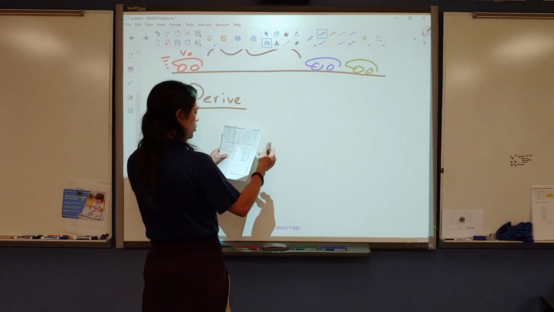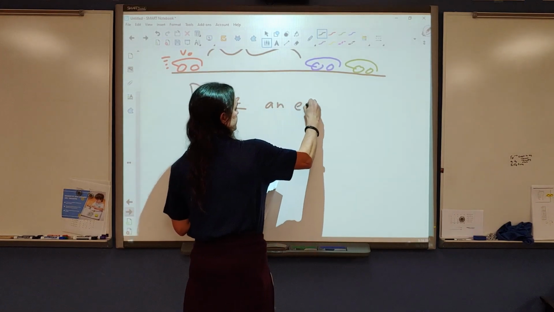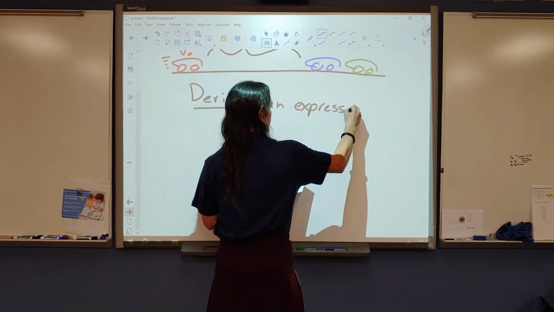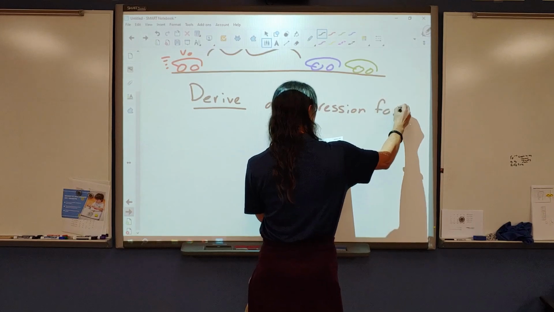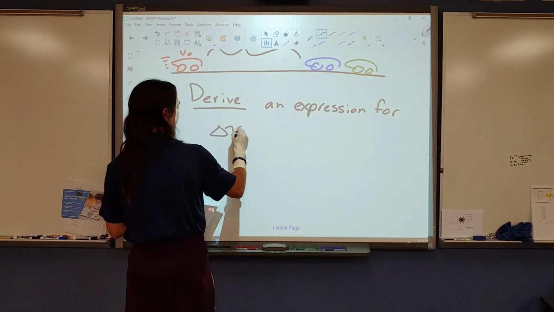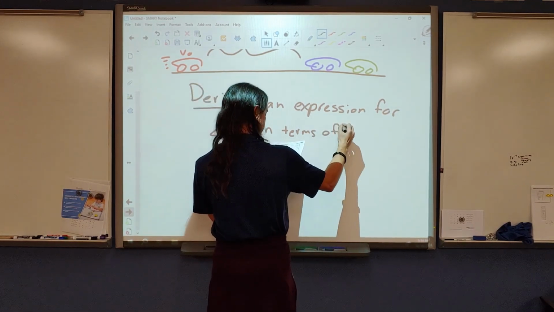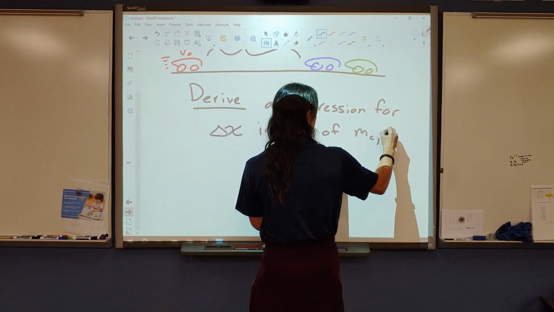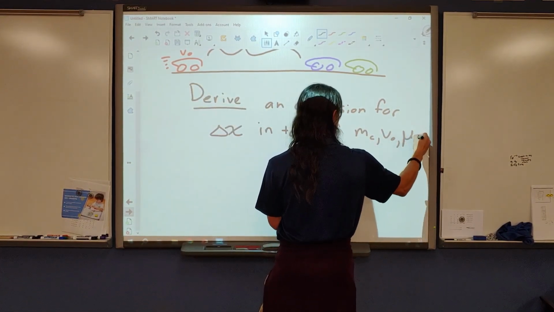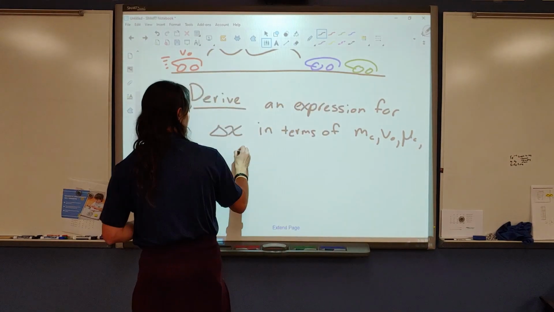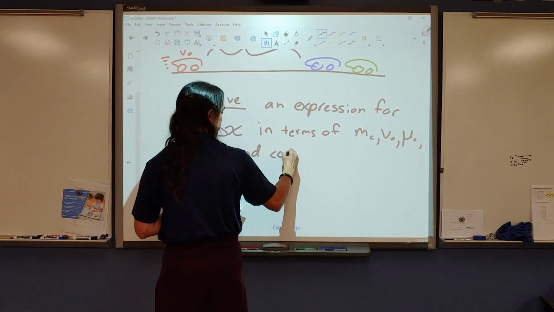Okay, so derive an expression for delta x in terms of mc, v0, mu c, and constants as appropriate.